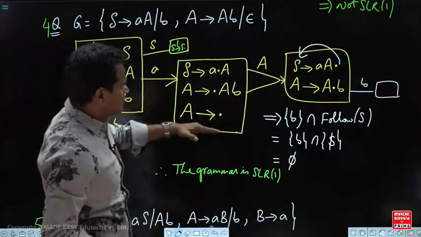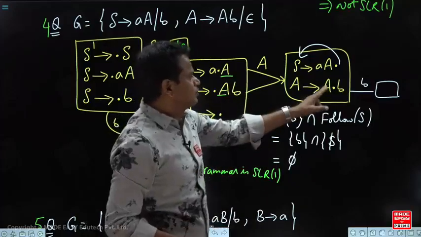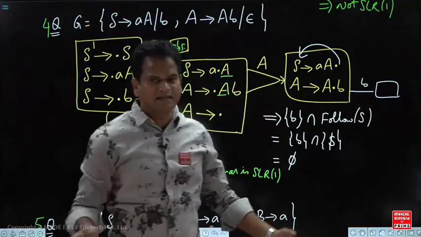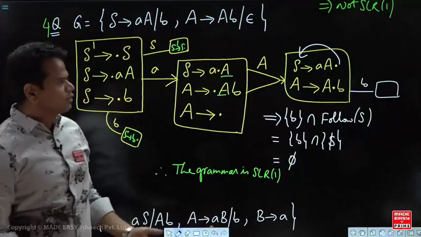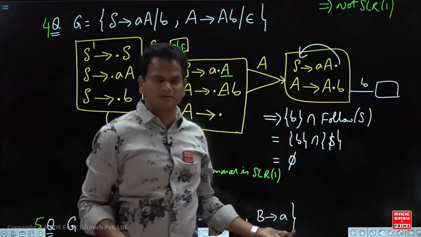Okay, and here no conflict. Then again these two symbols are same, I expanded, and here also no. Then expand. So like that I have expanded completely, and nowhere is there a possibility of conflict here, and here also no conflict, no common elements.